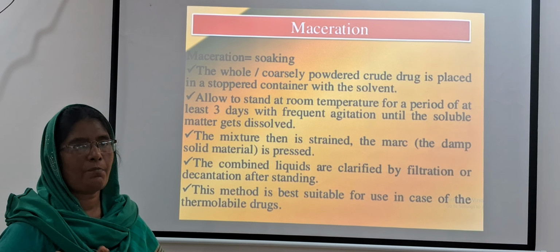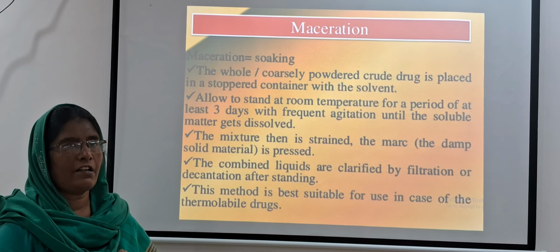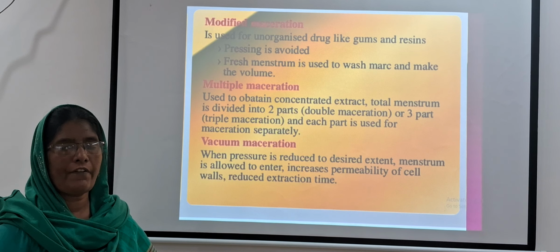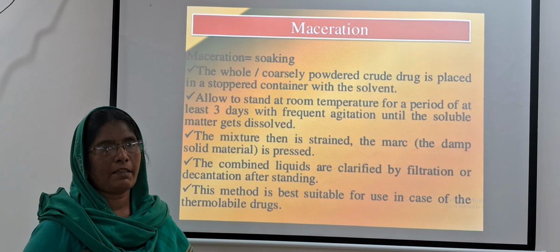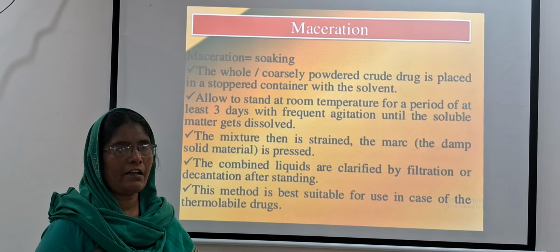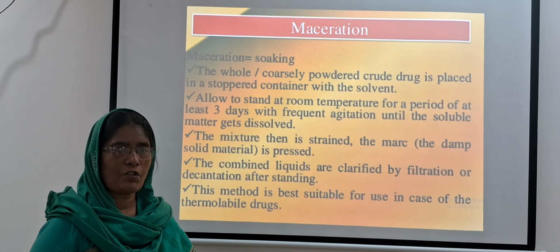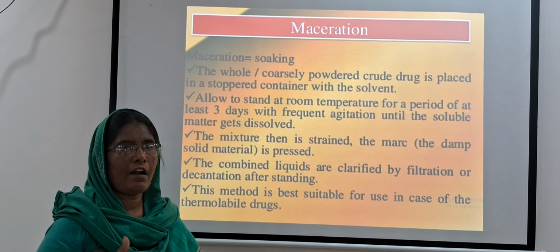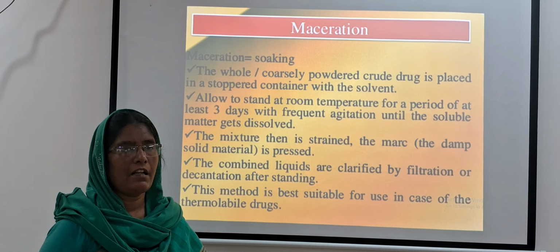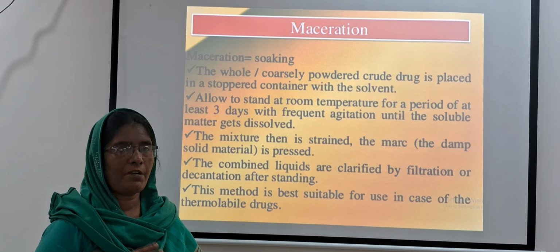That is the maceration process. Then decoction. Decoction is well known, like making tea. We take the drug and solvent and boil it. After that we filter and evaporate the filtrate to dryness. That is the decoction method.